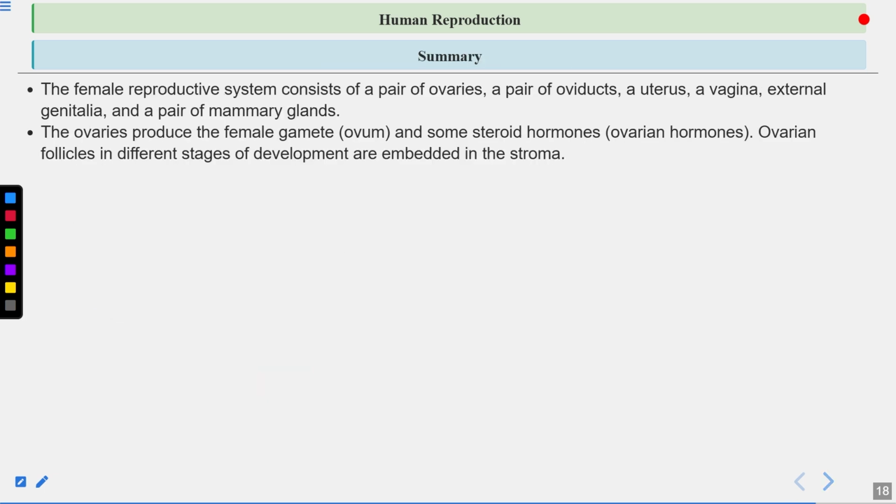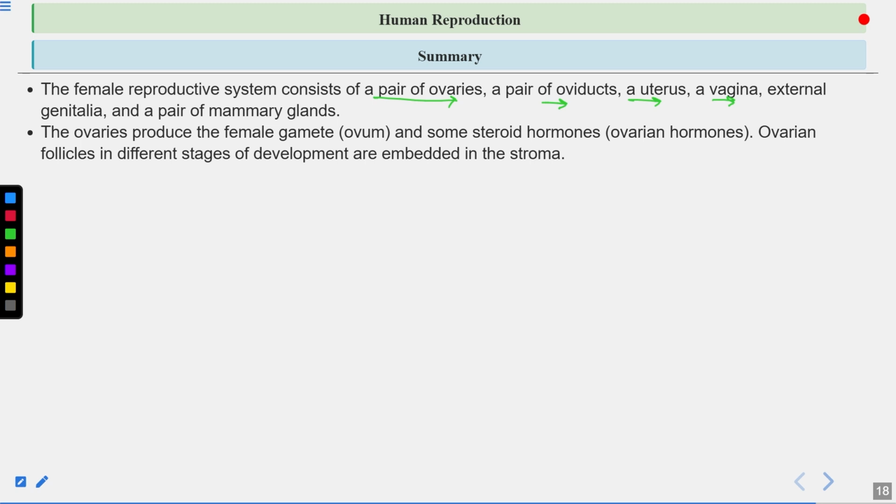Now, female reproductive system. We have discussed the female reproductive system. Now let's summarize this entire lecture. The female reproductive system consists of a pair of ovaries, meaning 2 ovaries are present, and a pair of oviducts. Oviducts are also known as the fallopian tubes. One oviduct comes from each ovary, then a uterus and vagina are present. The uterus is also known as the womb.